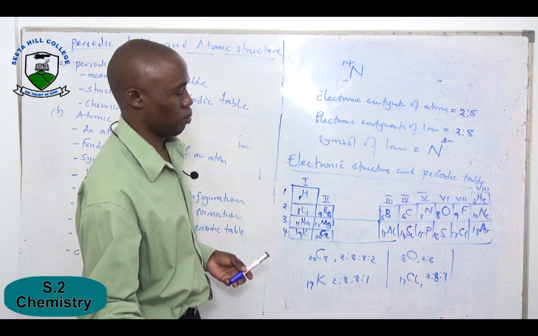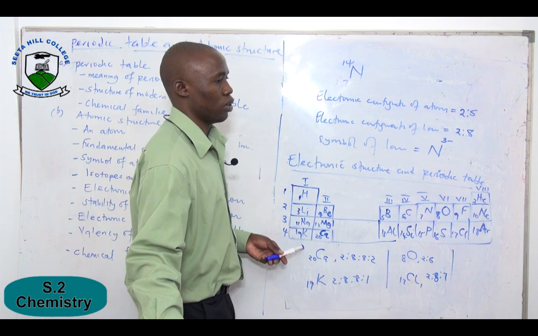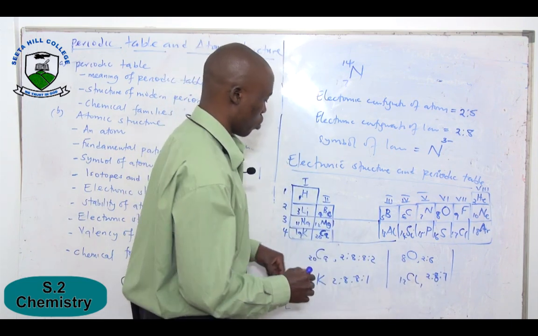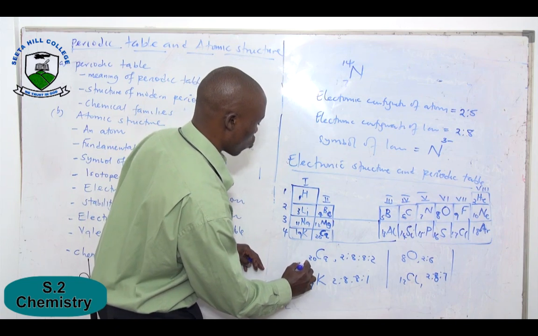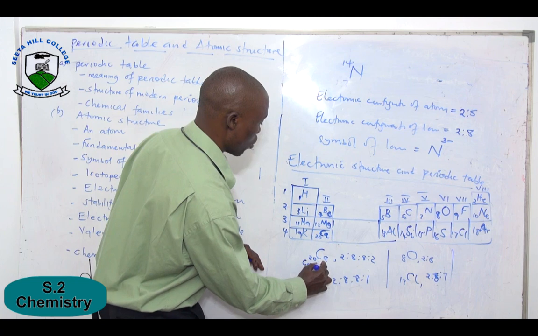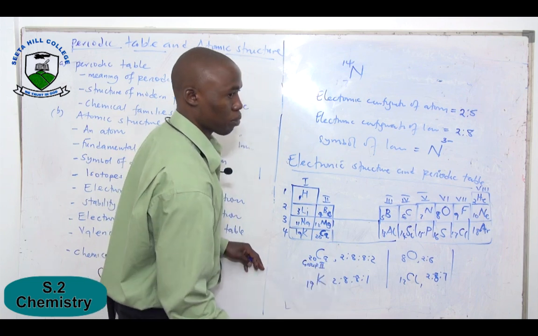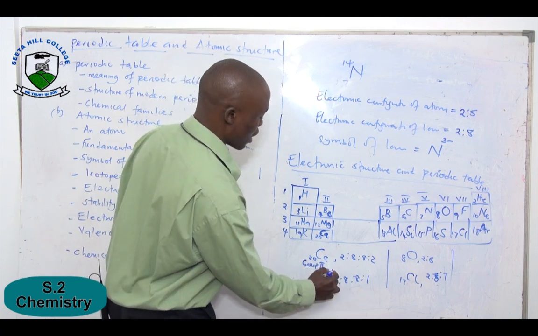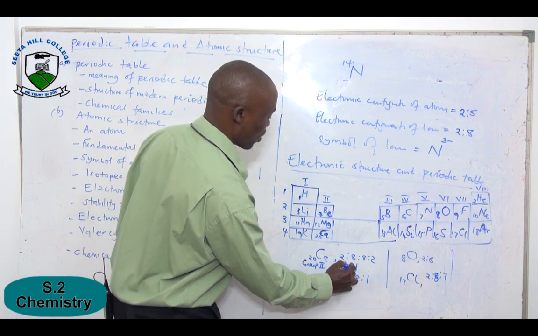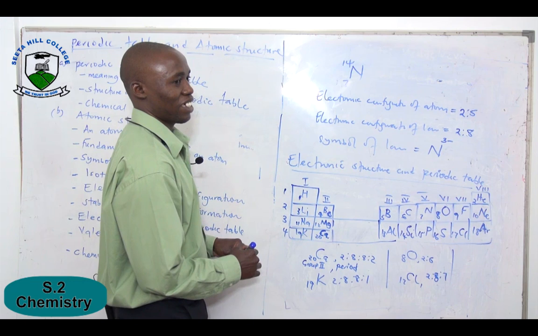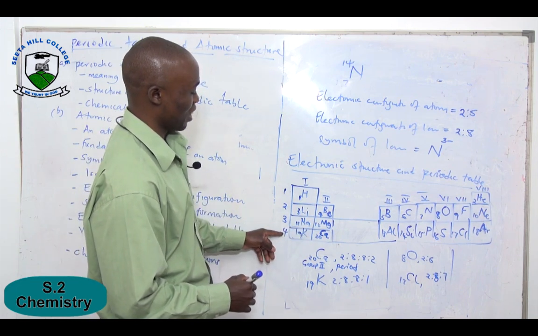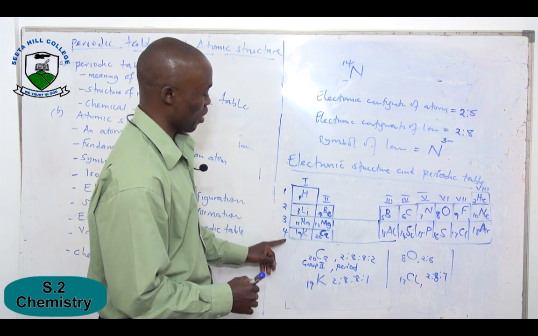You see that? When we say write the group, you'll have to write it in Roman numerals, group II. Now what is the period? We can tell both the group and the period. Calcium is in period what? Potassium is in period 4.